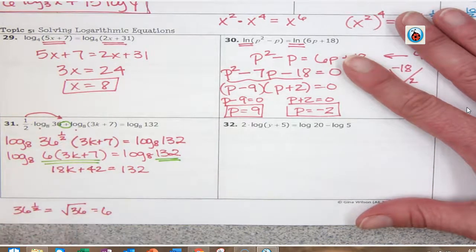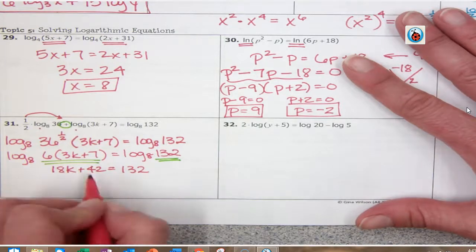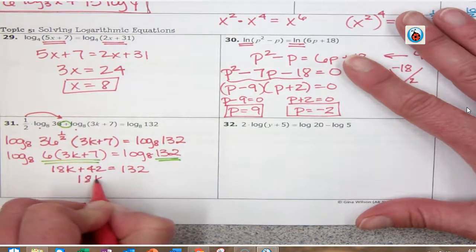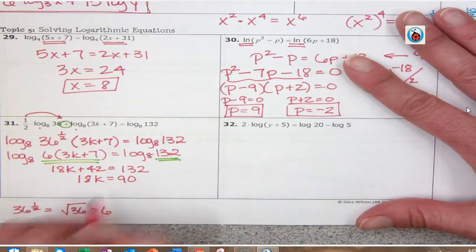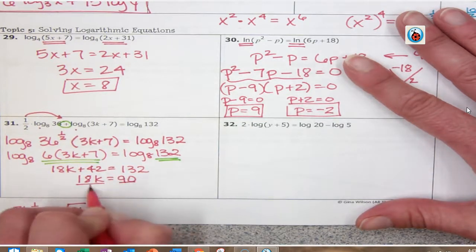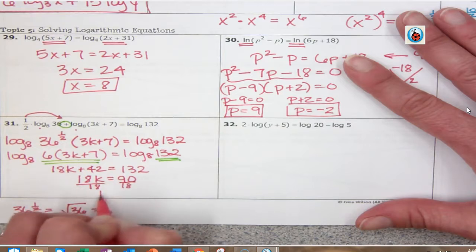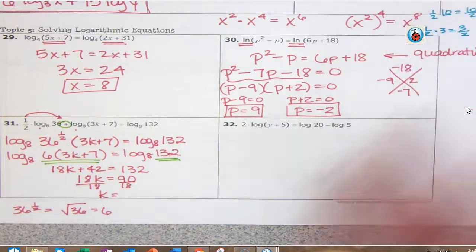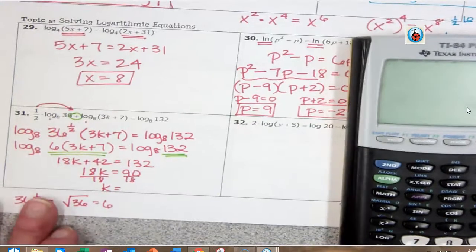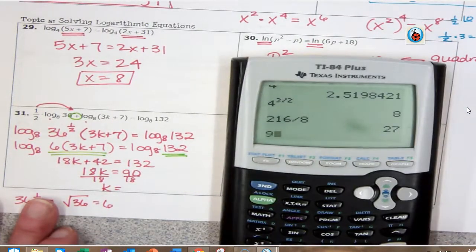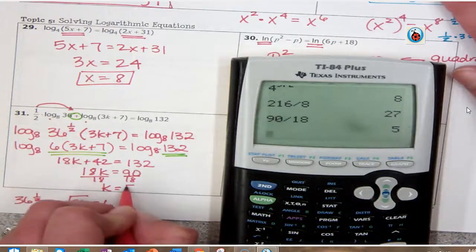Now I can solve for k. Subtract 42 from each side, I get 90. Divide by 18, and I get k equals 90 divided by 18. I should know that. 90 divided by 18 is 5.